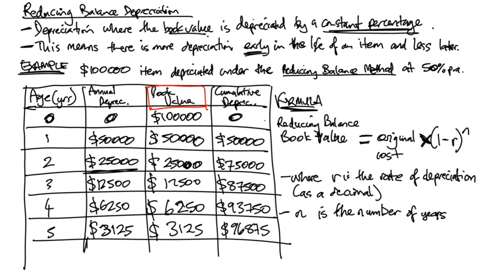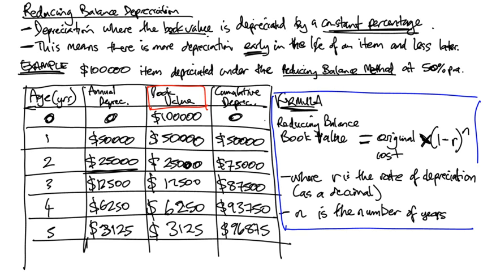So that formula allows you to find the book value at any number of years straight away, instead of having to work it out each time. Work out what 50% of this is, work out what 50% of that is, work out what 50% of that is, and then subtract it. You can actually work out what the book value is going to be at any point in time using this formula that is also provided in the book.